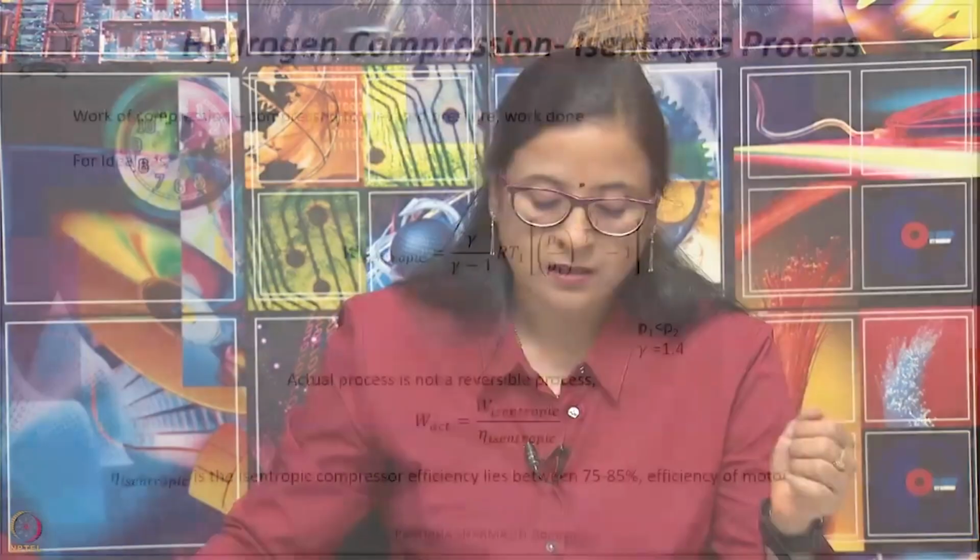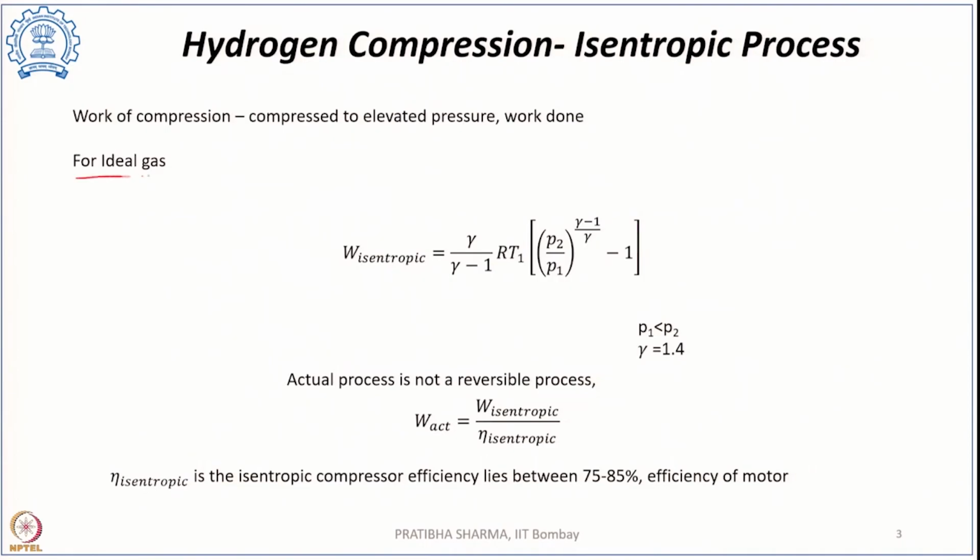If we consider the gas to be an ideal gas, then the isentropic work involved is given by gamma divided by gamma minus 1, where gamma is the specific heat ratio, R is the gas constant, T is the initial temperature, P2 is the discharge or final pressure, P1 is the initial or inlet pressure, raised to the power gamma minus 1 upon gamma, minus 1.